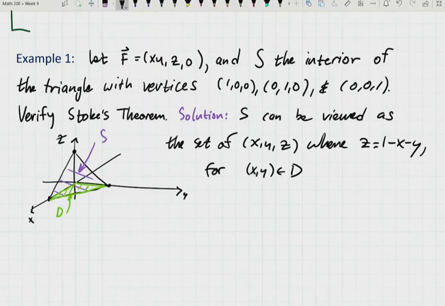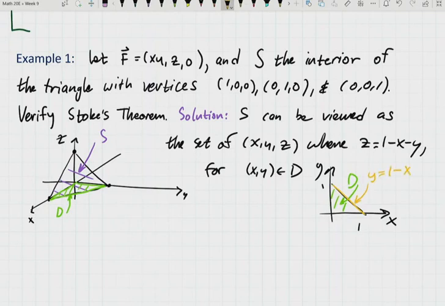If we looked at D from above the xy-plane, then that would be D. And the top boundary of D is the line where y is equal to 1 minus x.